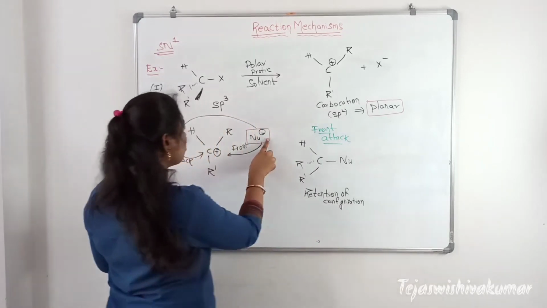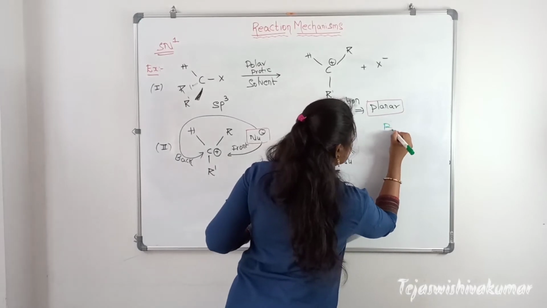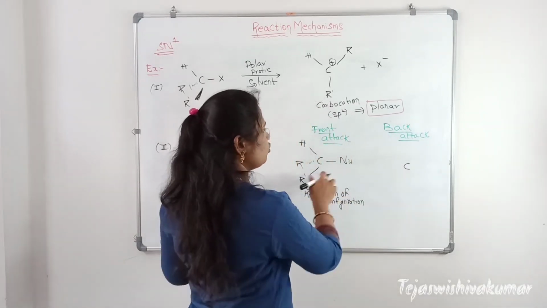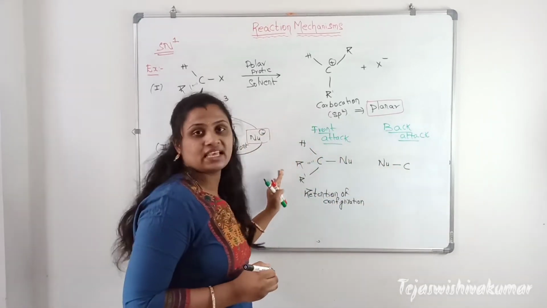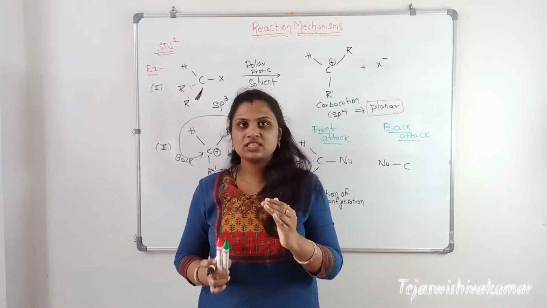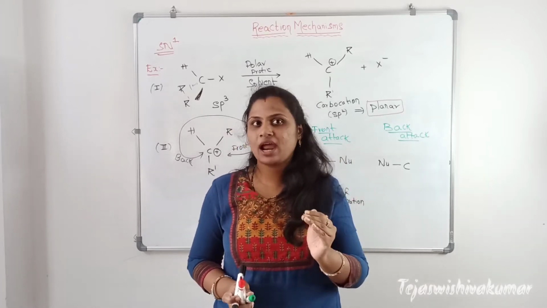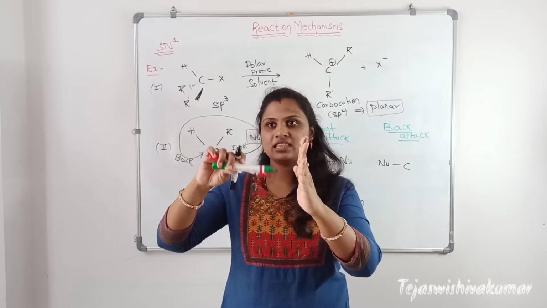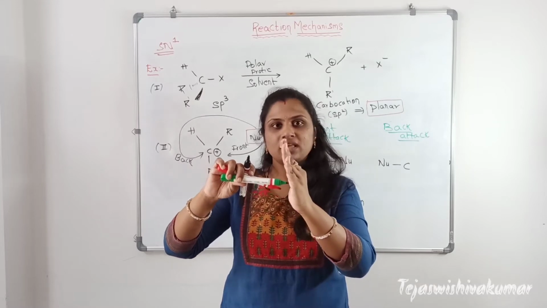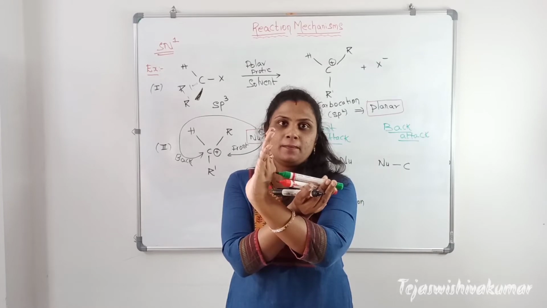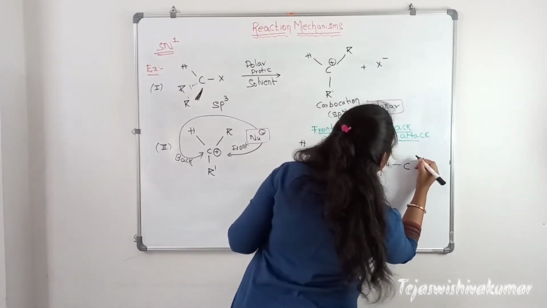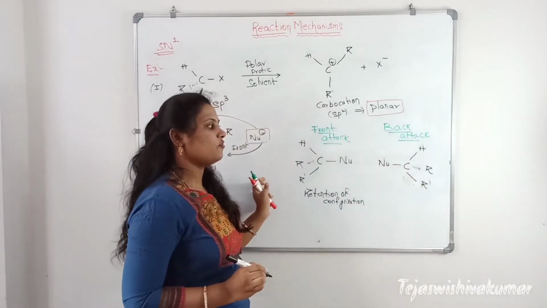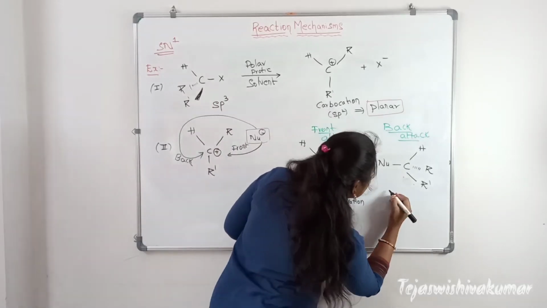Now, what happens if the nucleophile attacks at the back side? So this is the carbocation. Now our nucleophile is going to attack at the back side. The 3 bonds were on this side, and once the leaving group leaves and the carbocation forms, the carbocation is planar in structure and everything is straight. If I assume this as the front side, then when the nucleophile attacks there, it is the same configuration, retention. But when it attacks from the back side, it will be inversion. So this will be inverted. If the nucleophile attacks from the back side, then we will observe inversion.